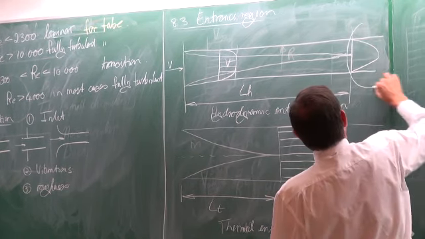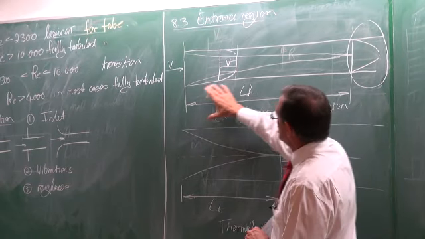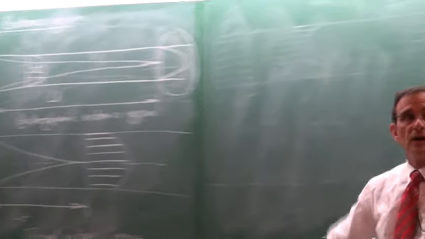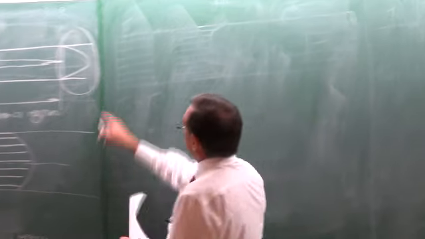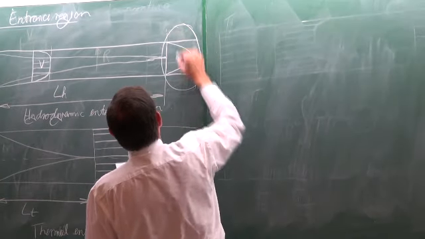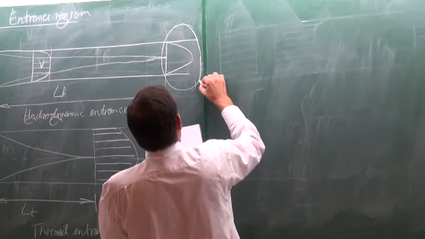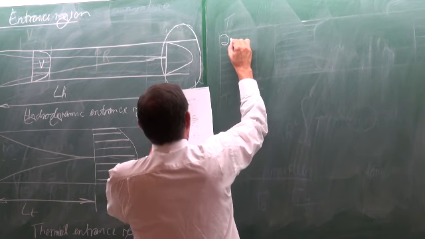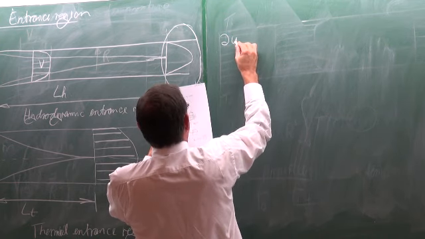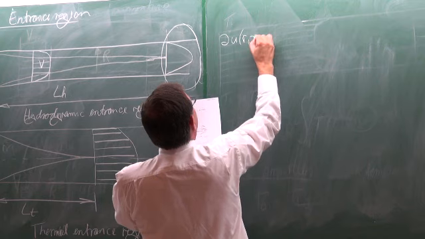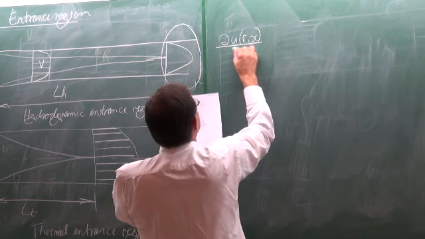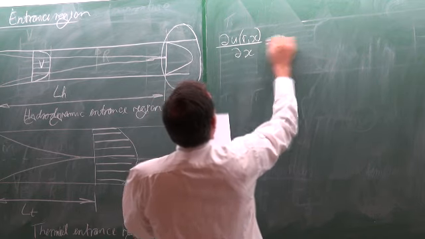Now in this region, if we look at all the shear stresses and we study the velocity profile, then the moment the flow is fully developed, ∂u(r,x)/∂x would be equal to 0.